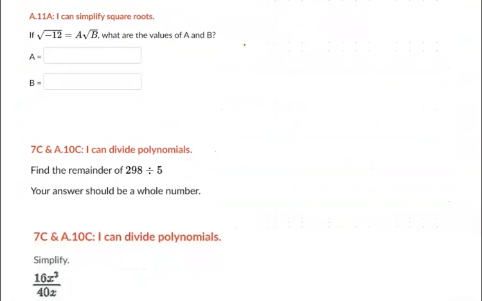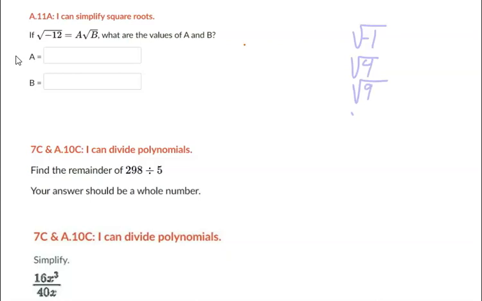Let's look at this one. A.11a. I can simplify square roots. If the square root of negative 12 equals a times the square root of b, what are the values of a and b? So to find this, we want to factor out perfect squares.